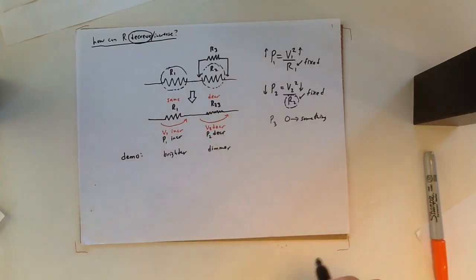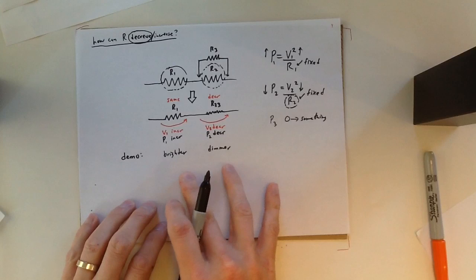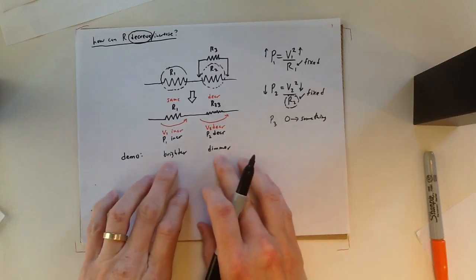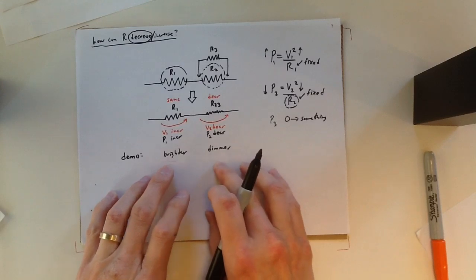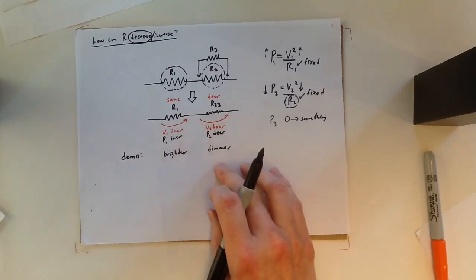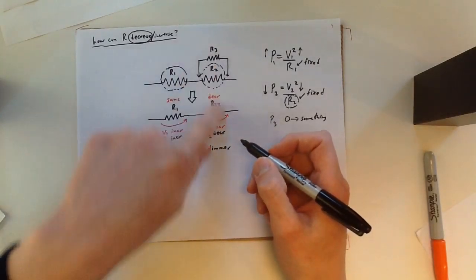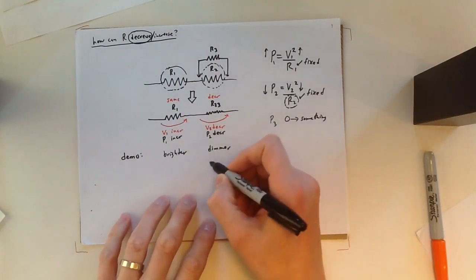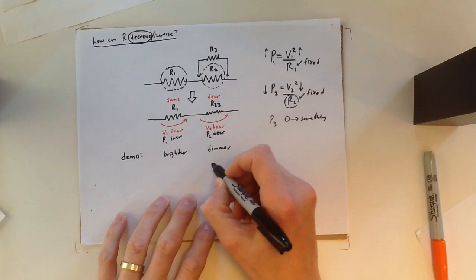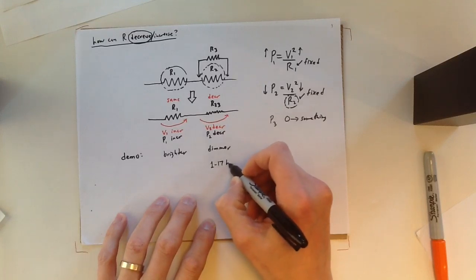And while I'm on the topic, I again mention the application of a circuit breaker. Imagine the reason this resistance is decreasing is because you are going from 1 to 17 hair dryers.